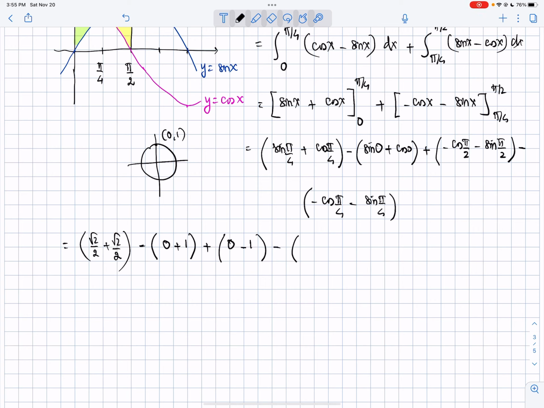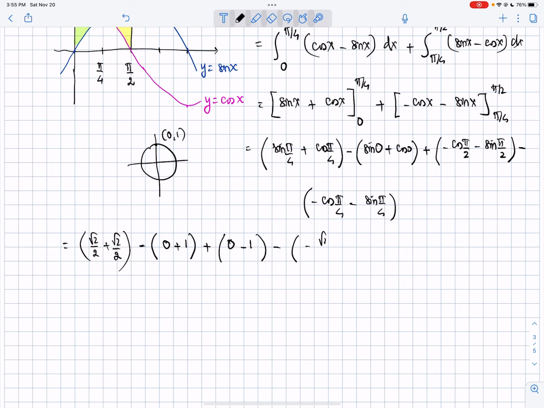Then minus square root of 2 over 2 minus square root of 2 over 2. So we have 2 square root of 2 over 2 minus 1 plus negative 1, and then minus negative 2 square root of 2 over 2.